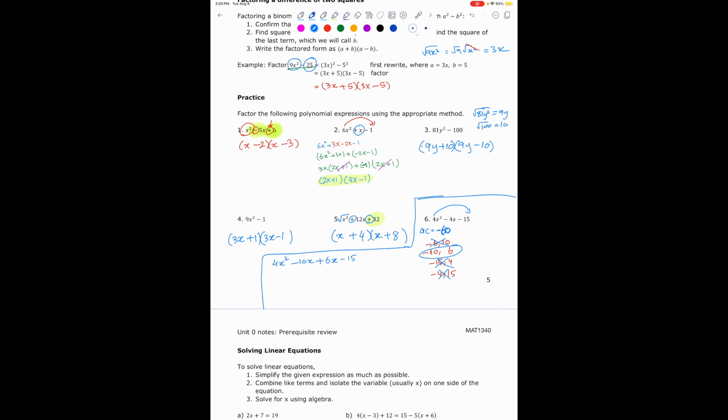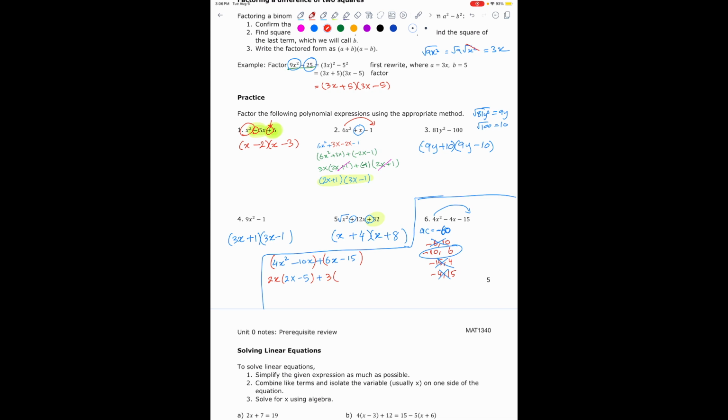If I take the first two terms together and the second two terms together, now the greatest common factor from the first binomial is 2x. And what remains is 2x minus 5. Plus the greatest common factor from the second binomial is 3.